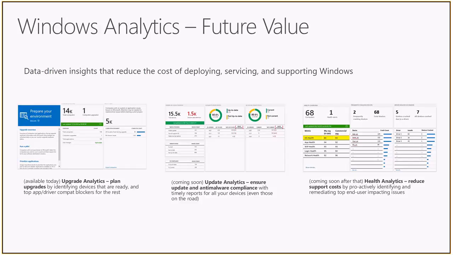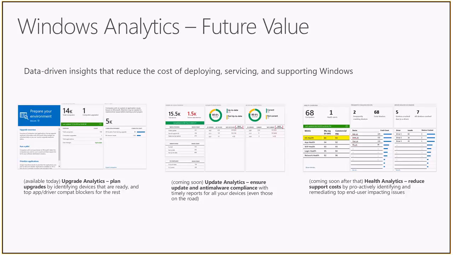So you have different steps in the Upgrade Analytics portal, which we'll show you in a little bit, to give you an insight of all the computers that are out there. In this little diagram, screenshots we have, they have 14,000 computers. They have one computer that's been upgraded, and all the way to the right you see what's updated, what's compliant, and then you actually see some health of computers once they've got Windows deployed.